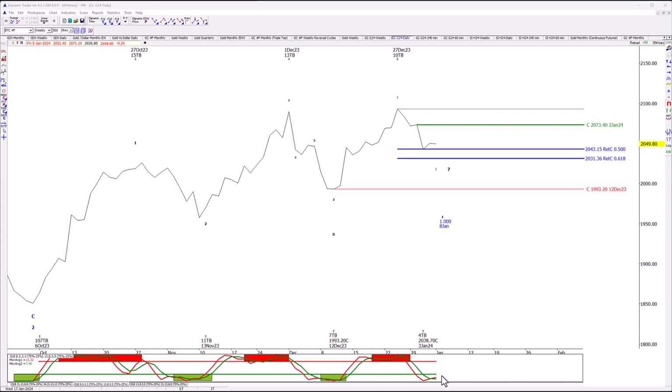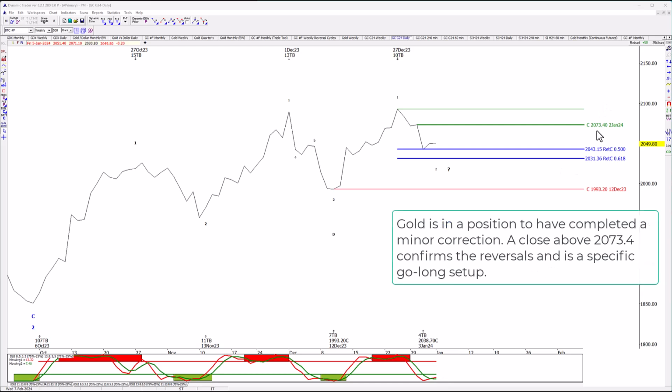Do we enter a trade immediately if it appears that it's complete? No, we want the market to give us an indication that it's complete. So a close above 2073.40 will confirm that this minor correction is complete and the bull trend is going to continue to a new high. Because we have this sort of stair step of higher highs and higher lows, any time that gold makes a new high, that could be a newsworthy event and bring a lot of buying into the market.